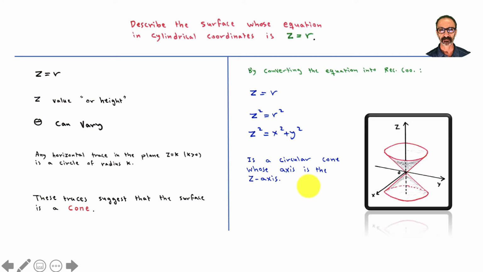If you look at it, z squared equals x squared plus y squared. Same thing for z as for r in this case, which is 45 degrees also. And it goes both directions unless you want r to be positive.